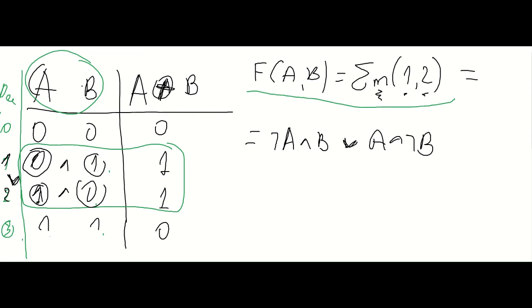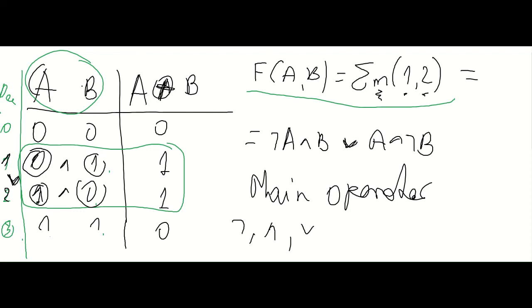And this is a Boolean formula expressed with the use of the main operators. The main operators are negation, conjunction, and disjunction.